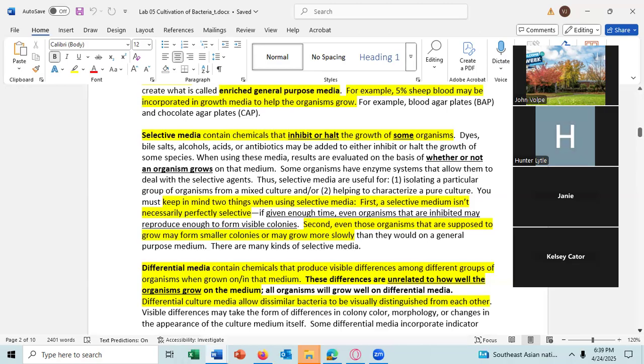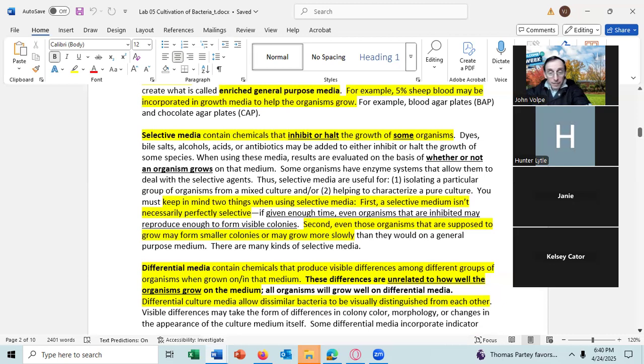All right, the next media I want to talk to you about is differential media. This media contains chemicals that produce visible differences among different groups of organisms, such that when they're grown, the differences can be distinguished. They may have a different color, or some other different aspect around the colony.